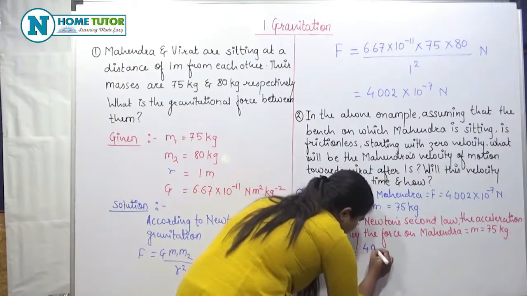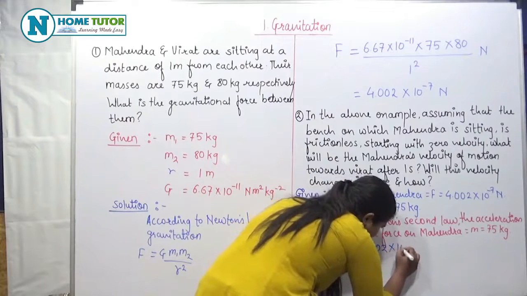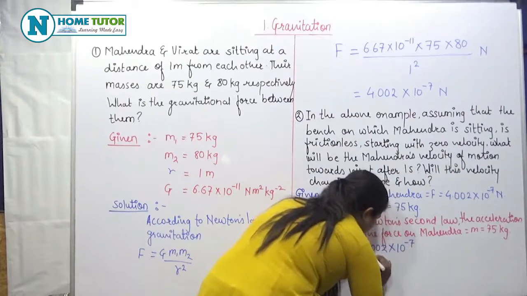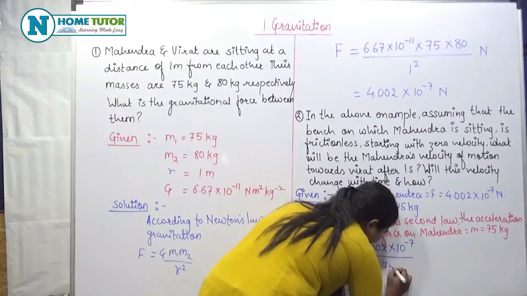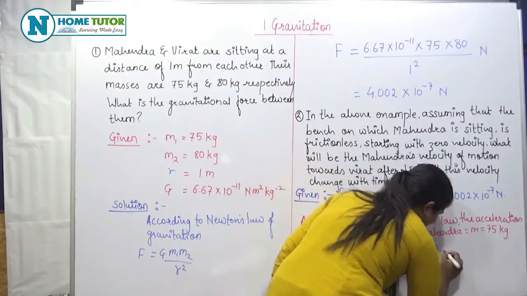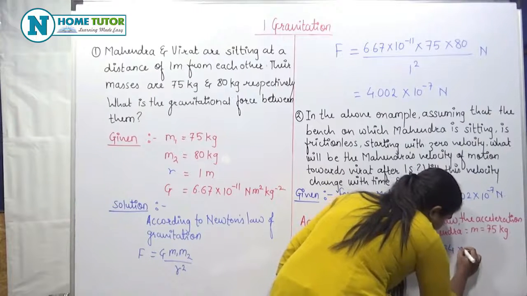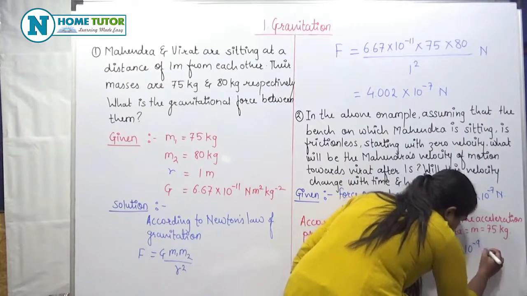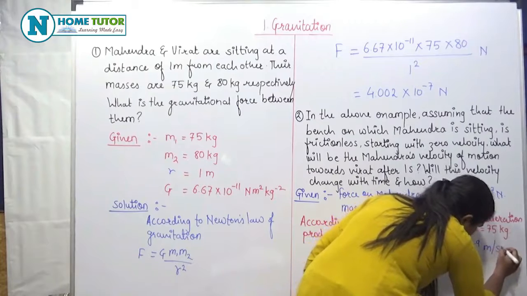F is 4.002 into 10 raised to minus 7 upon 75 kg. So the answer is 5.34 into 10 raised to minus 9 meter per second square.